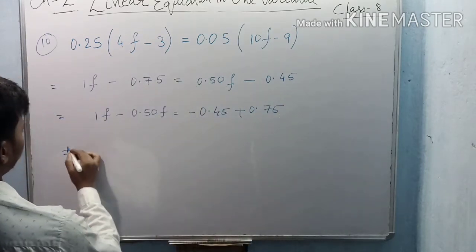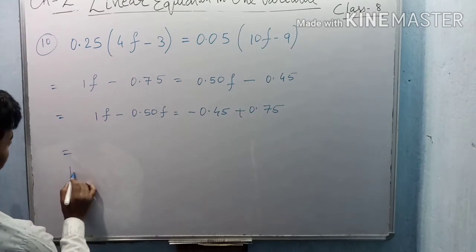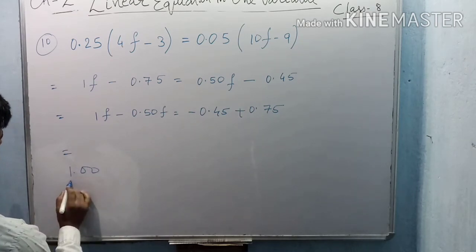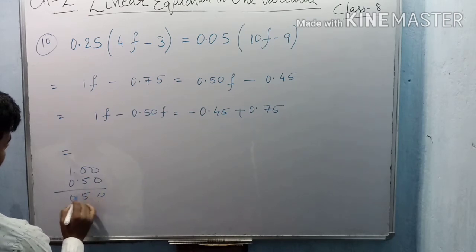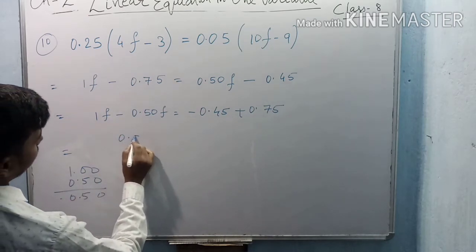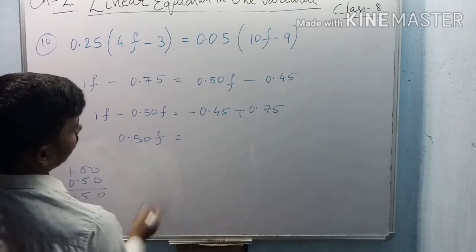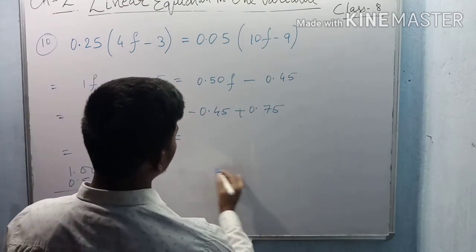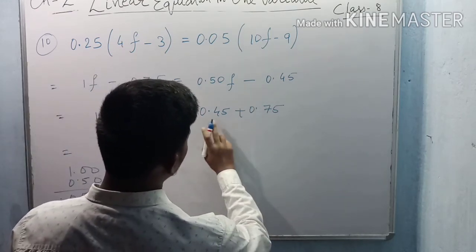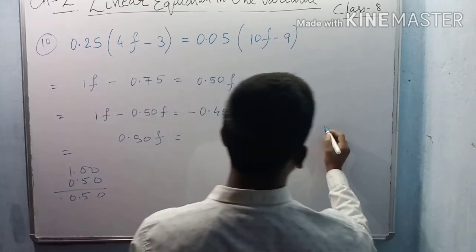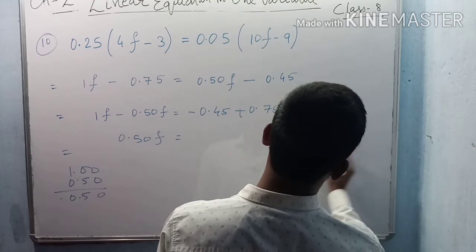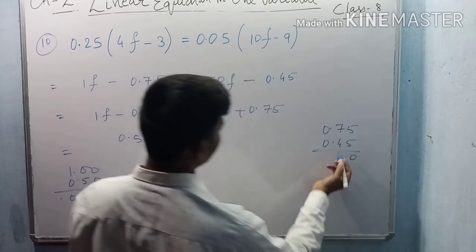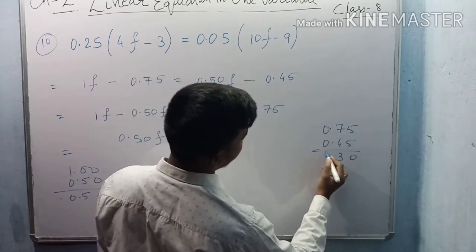So 1.00 minus 0.50 will be what? 0.50. So 0.50f equals plus minus minus 0.45, so 0.75 minus 0.45 will be what? 5 minus 5 is 0 and 7 minus 4 will be 3.